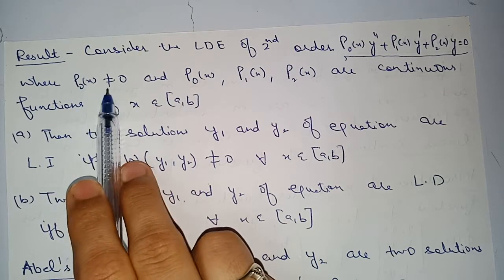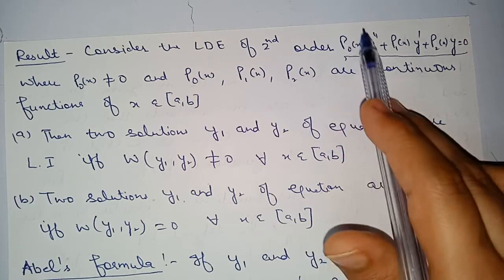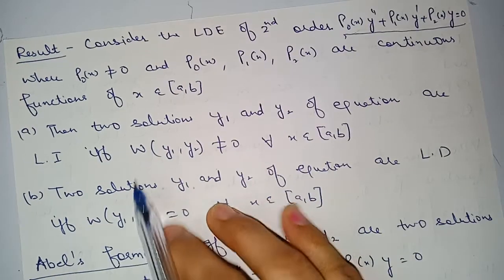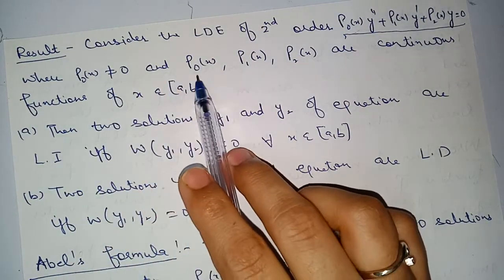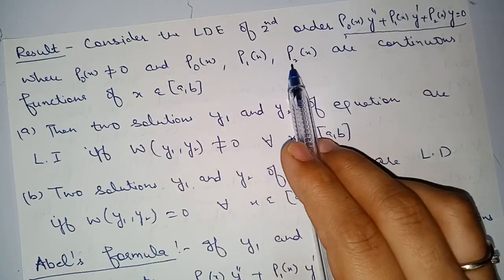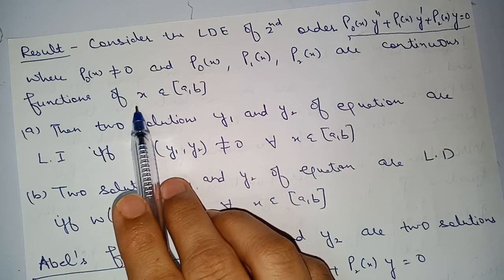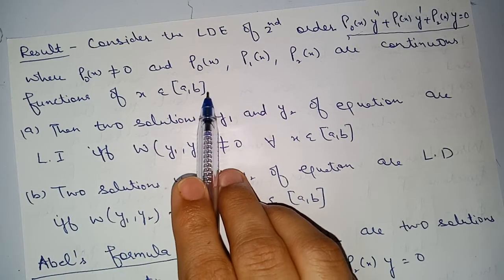That means this is second order, and here this is a constant value and it is always not equal to 0, and p naught x, p1 x, p2 x are continuous functions of x where x belongs to the closed interval a to b.